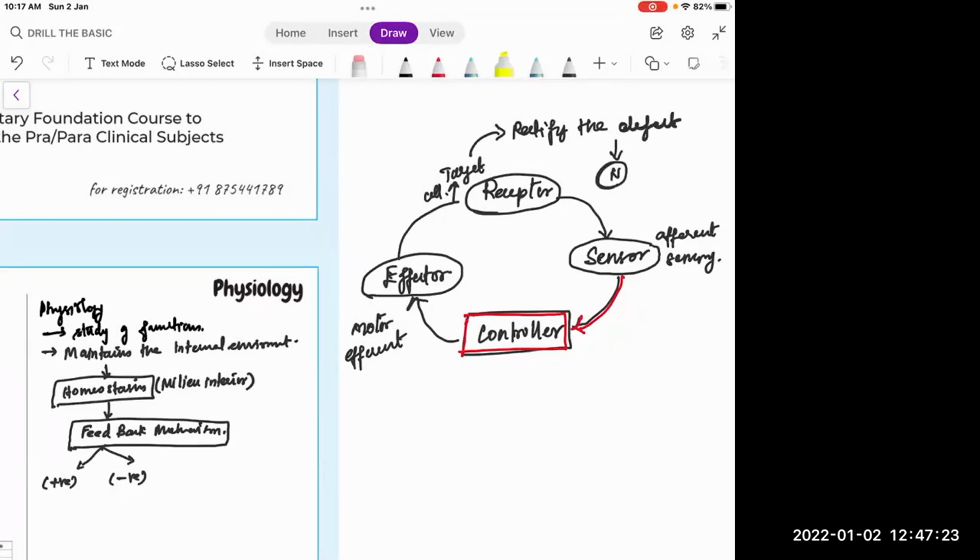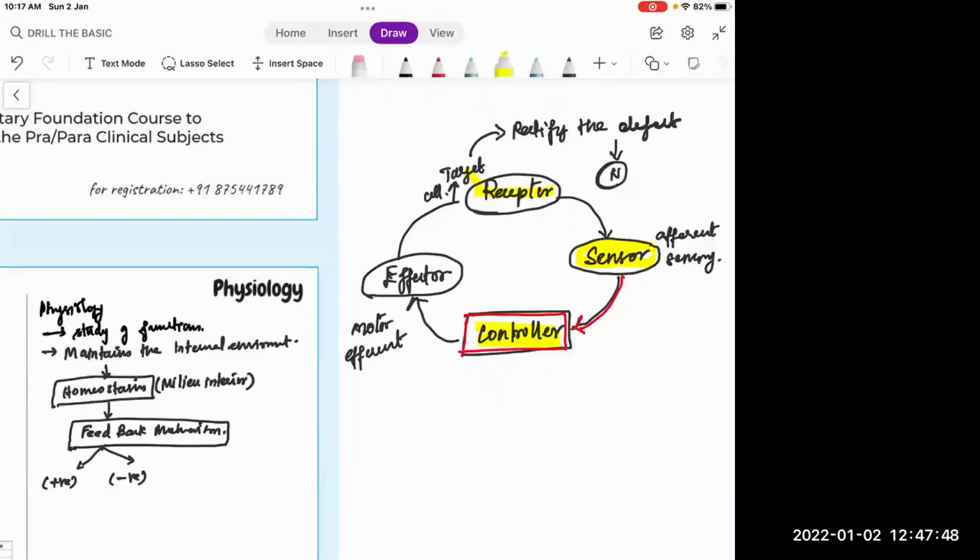First and foremost, the receptor will sense the signal from the target cells and give it to the sensor. The sensor will sense the kind of signal received by the receptor and give it to the higher controlling center. This controller, the higher center, has the ability to control the defect.